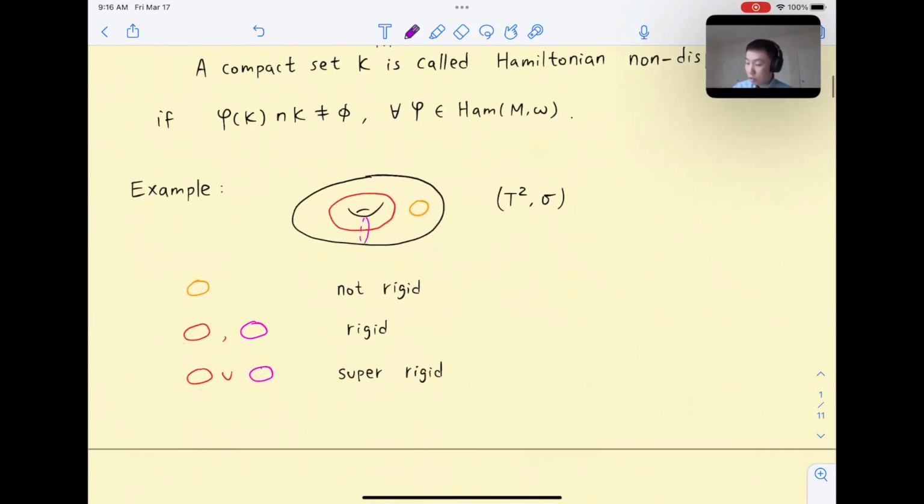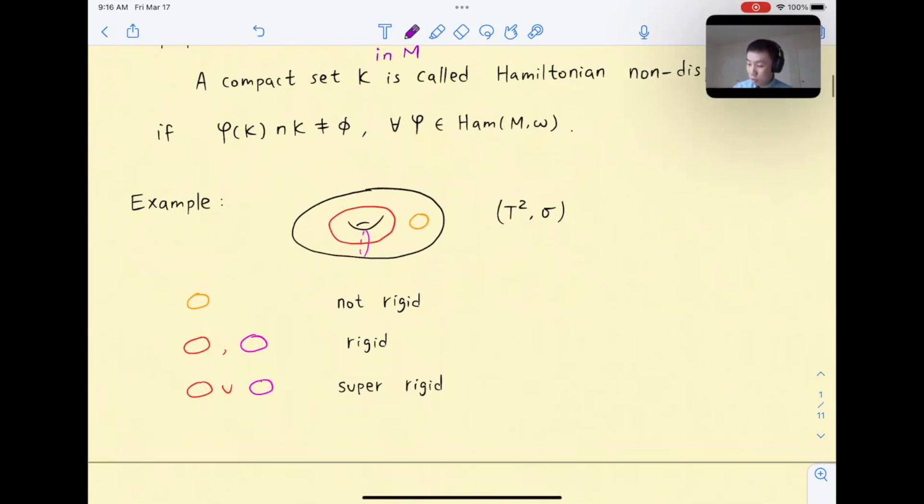Let's look at this basic example on the two torus, which we will revisit often in this talk. There are three types of circles on the torus. The orange one we can displace away, so we say it's not rigid.